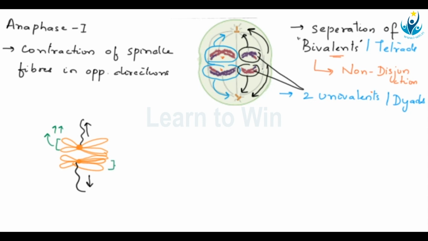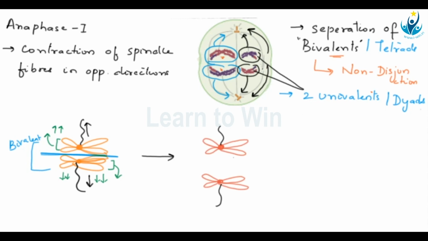This homolog is pulled downward. So there are opposite pulling forces. As a result, there will be a separation of this bivalent. So this entire bivalent got separated. And what will it become? It will become a structure like this, where the bivalent got separated and I have two univalents.